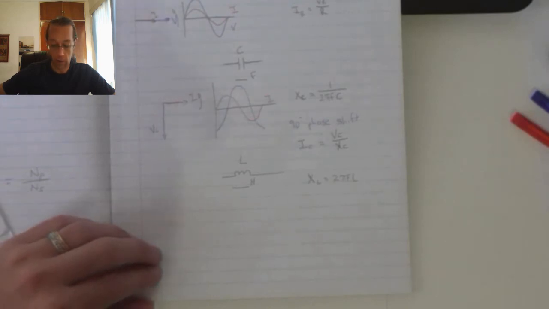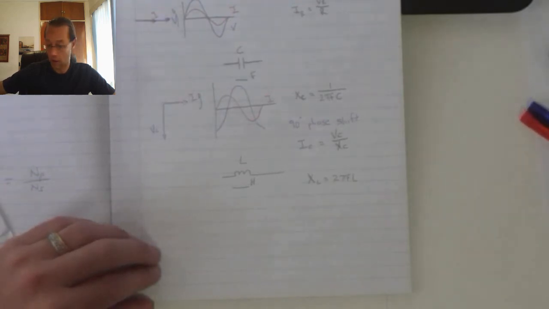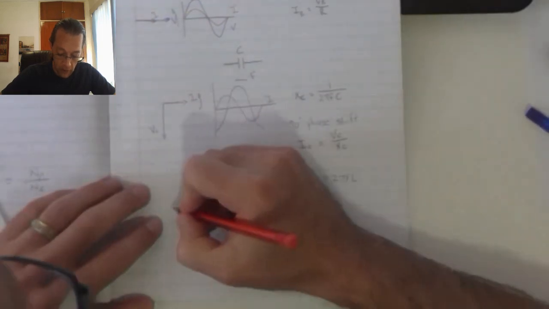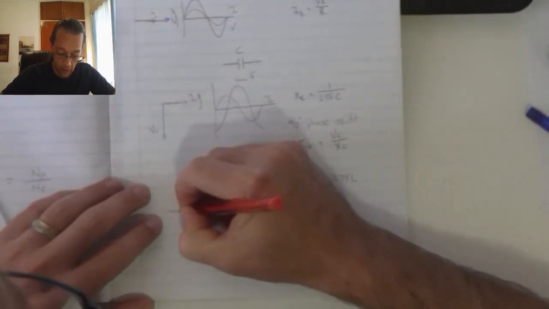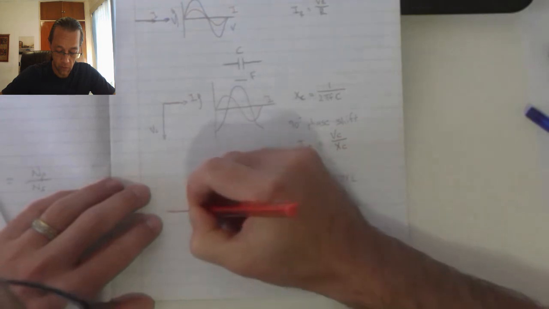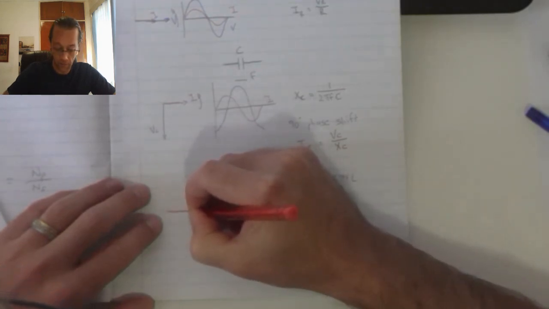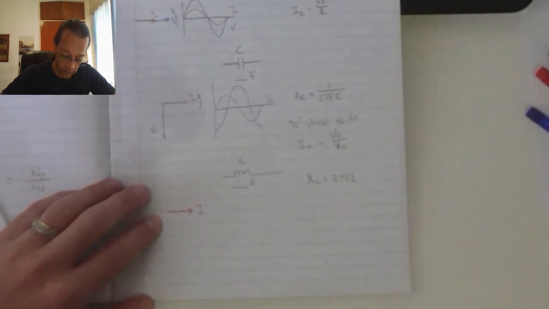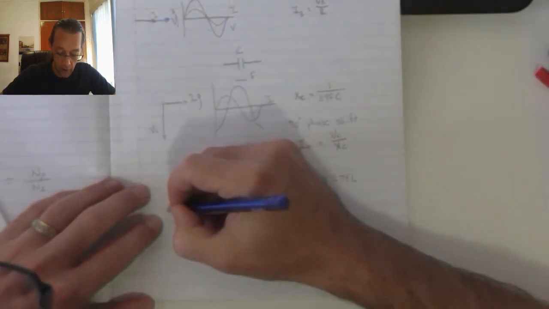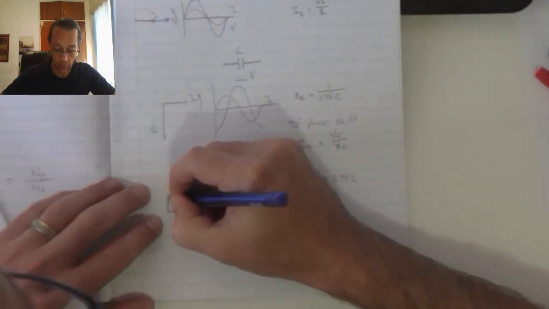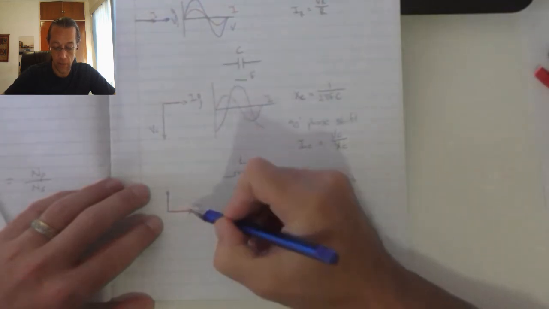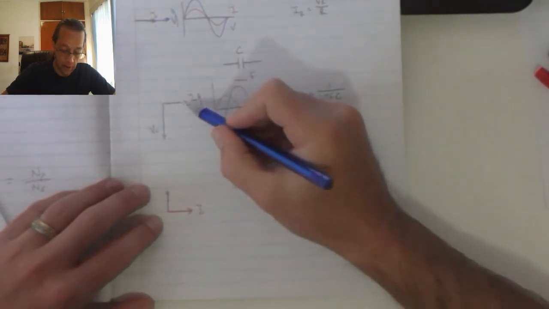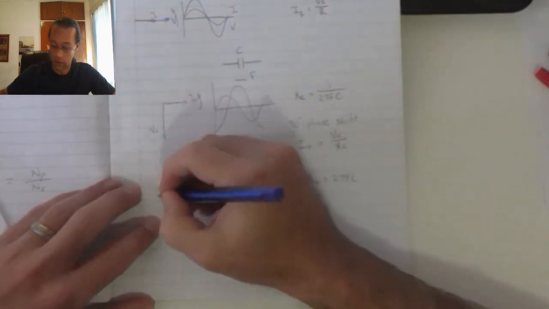If we look at the phasor and the wave diagrams for the inductor, if I supply a current flow through my inductor, what happens is it is going to generate a voltage that is 90 degrees leading, whereas the capacitor is 90 degrees lagging.